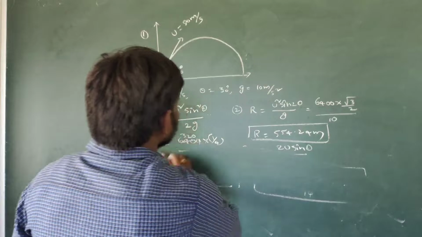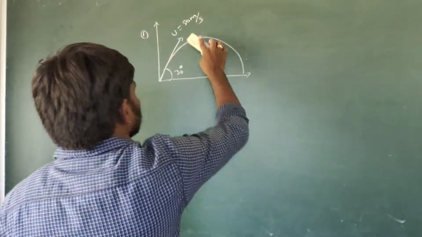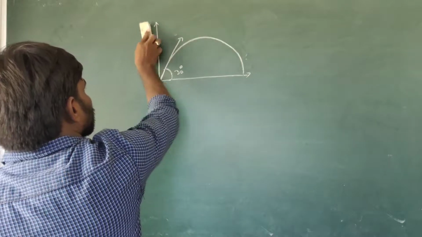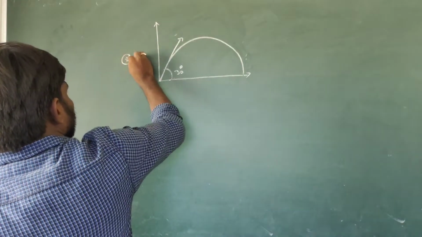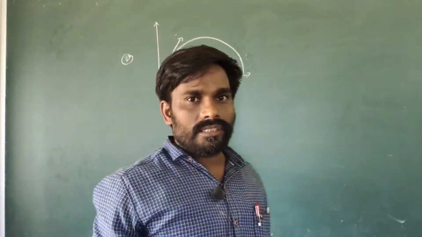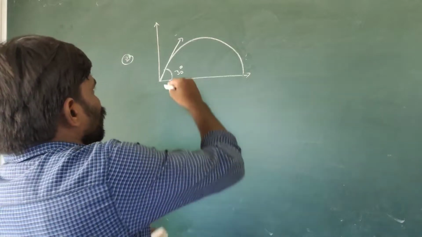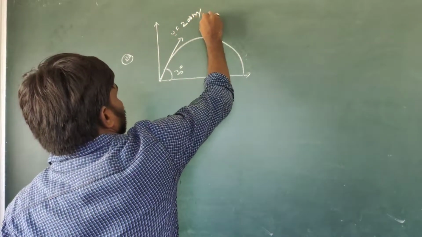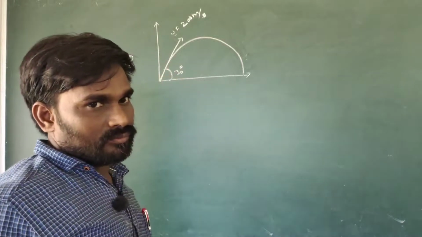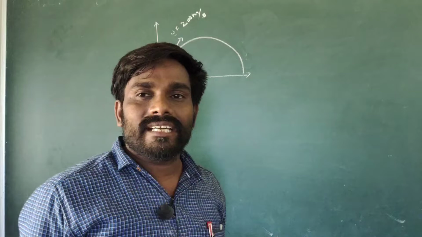And the second problem: when a body is projected with a velocity of 200 meters per second at an angle of projection of 30 degrees, after 5 seconds find the height of the body.